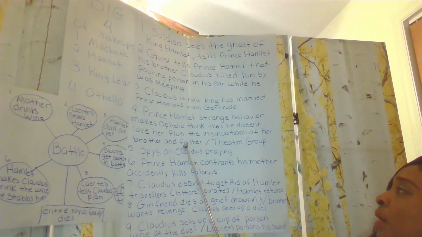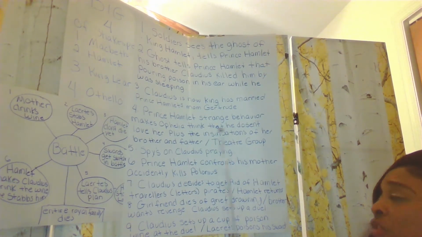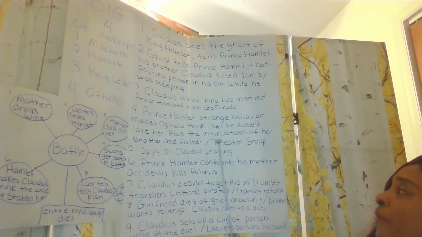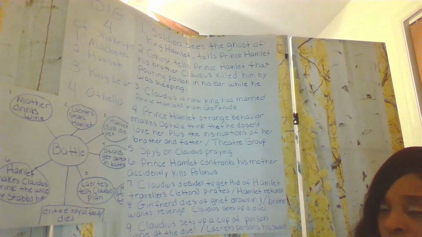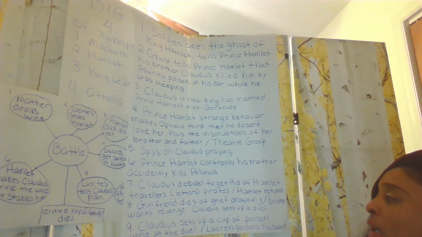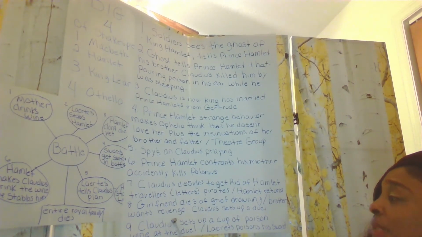There are also insinuations from her brother and father that Prince Hamlet doesn't love her because she's not of royal blood. Because she's not of royal blood, the father and the brother told Ophelia that Prince Hamlet can't really love her and he's not going to marry you. And so between that grief and the grief that Prince Hamlet has accidentally killed her father, she ends up literally drowning, and she dies.